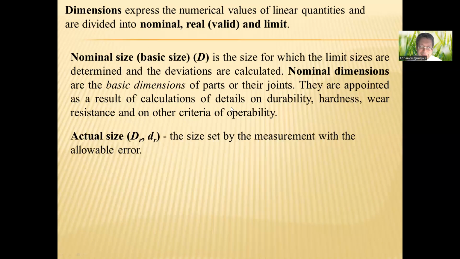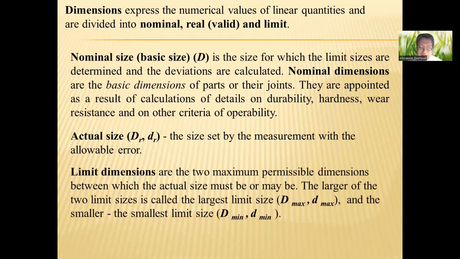Actual size, D suffix R, big D for holes and small d for shafts, is the size set by the measurement with the allowable error. And limit dimensions are the two maximum permissible dimensions between which the actual size must be.